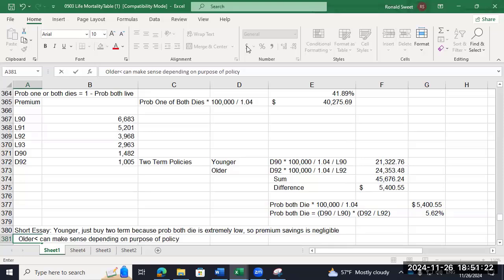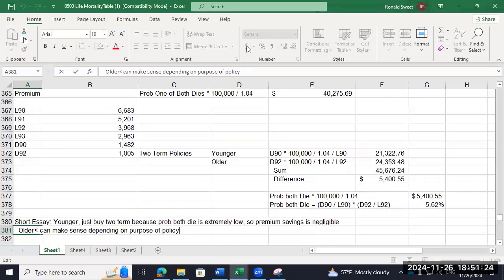So the key here to talk about is why did you buy this policy? If the main reason you're buying a policy is that if one dies, the other gets some insurance, maybe offset a pension that's been lost, then that's fine.